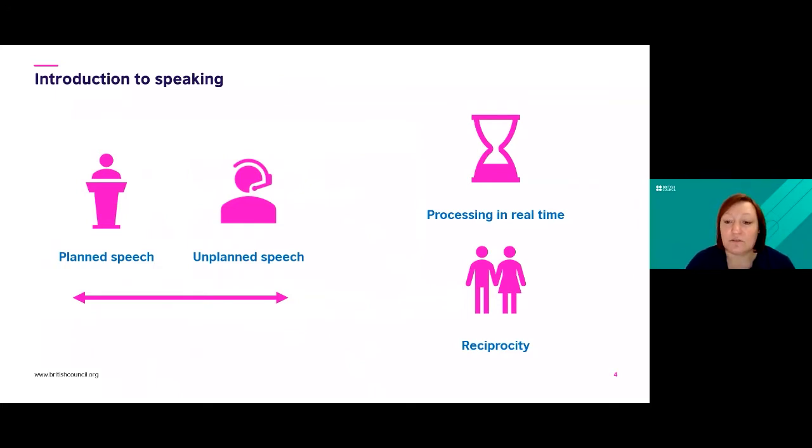And that changes everything. That shows the difference between written language and spoken language: unplanned speech, processing in real time, and reciprocity. So keep those 3 elements in mind. All of this will become clear later.